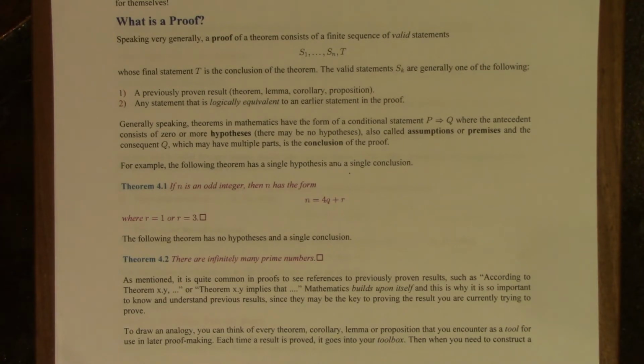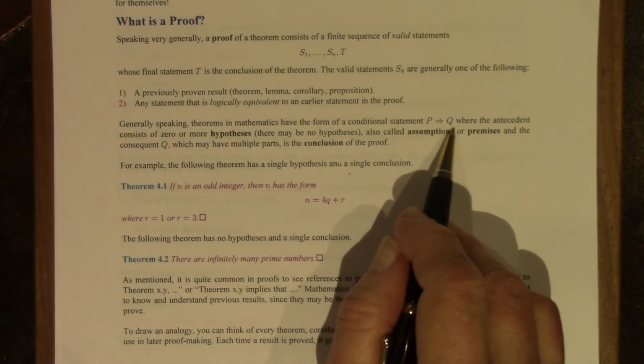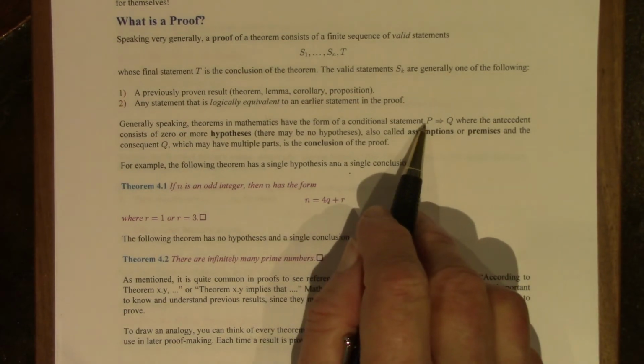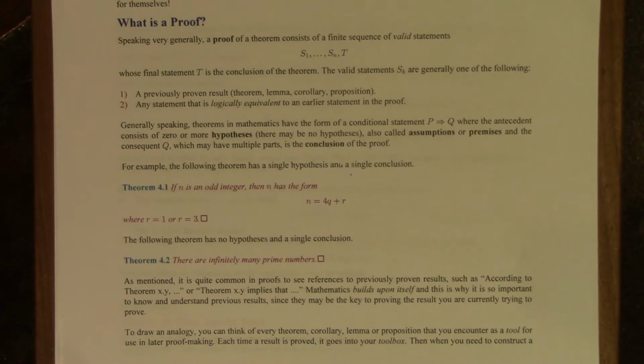Generally speaking, theorems in mathematics take the form of a conditional statement, if P then Q, where the antecedent P consists of 0 or more hypotheses or assumptions or premises, all the same thing. There doesn't need to be any, but there may be hypotheses. And the conclusion, Q, the consequent, is the conclusion of the proof.